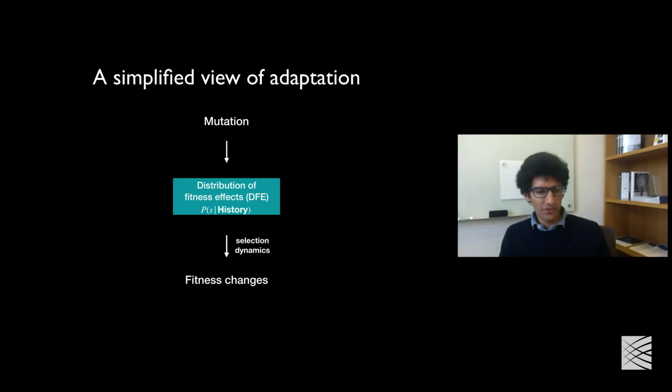The advantage of what we can do in essentially the last decade is that we can evolve these populations in the lab, sequence them, and identify the specific beneficial mutations that arose during the course of evolution. So we can identify the mutations and then measure their fitness effect on different backgrounds, and the hope is that we can quantify what this distribution of fitness effects looks like.